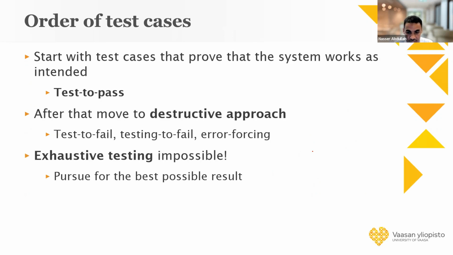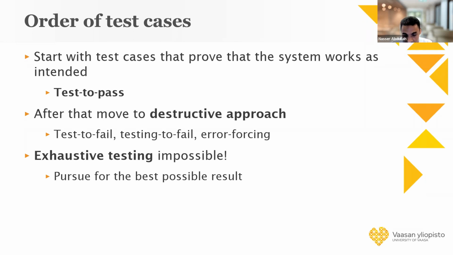This is related to the last point. In general, the goal of testing an application is to detect the errors, the defects. So what should you do? Here they talk about the order of the test cases.